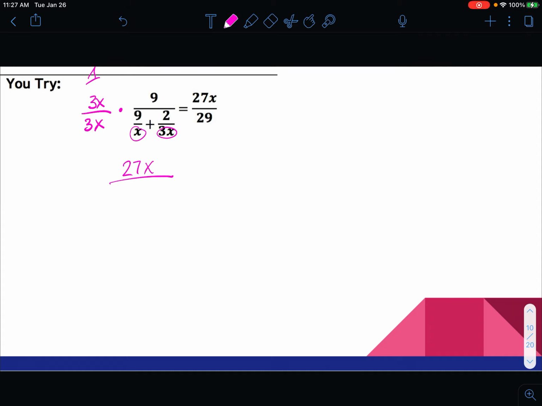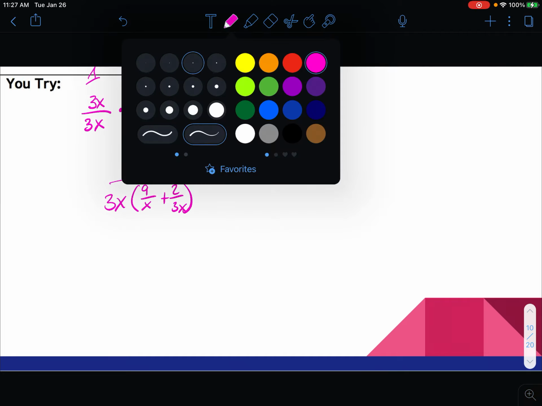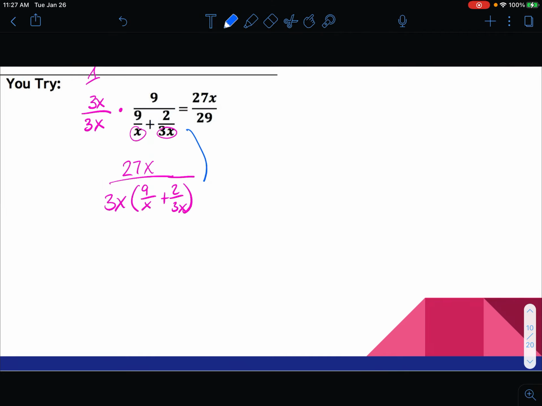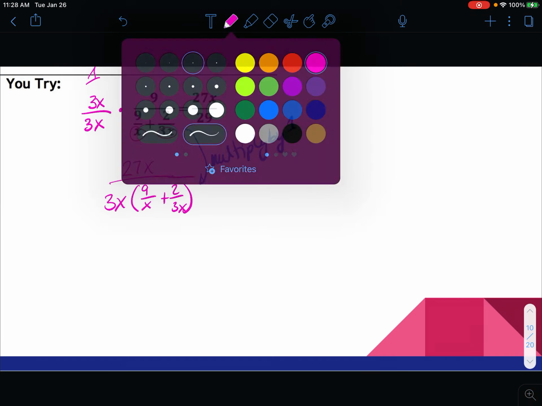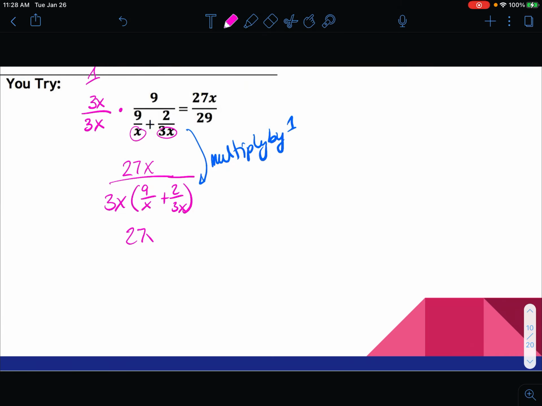We get 27x over 3x, and I'm going to put this in parentheses, 9 over x plus 2 over 3x. So again, what did we do? We just multiply by 1. That's it. Now, let's look at what happens when we distribute.